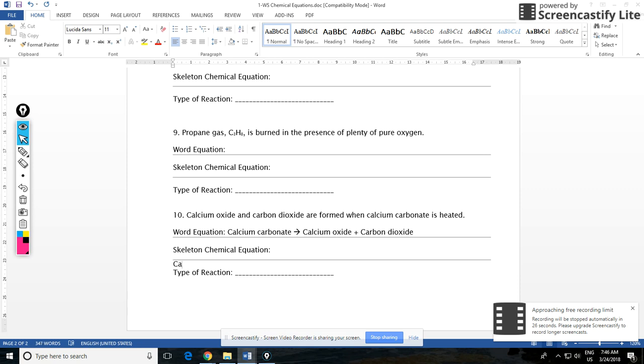You can write down your formulas. CaCO3 heated and produces CaO plus CO2. And then you can go and put in your subscripts and your states if they're given. And as you can see, this is a decomposition reaction because one thing becomes many things.